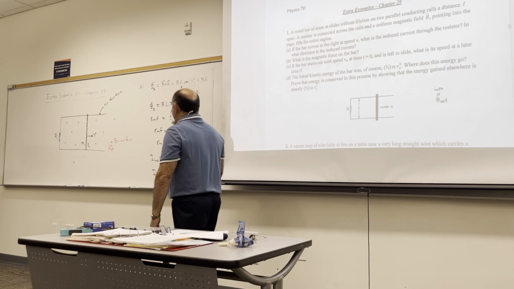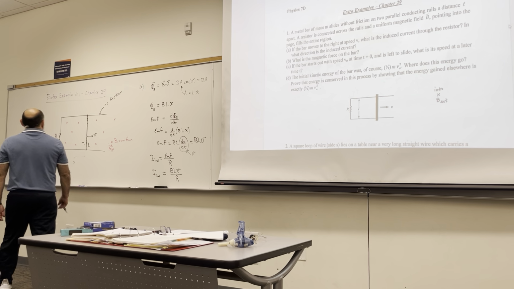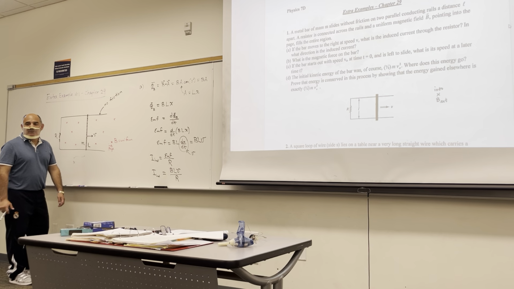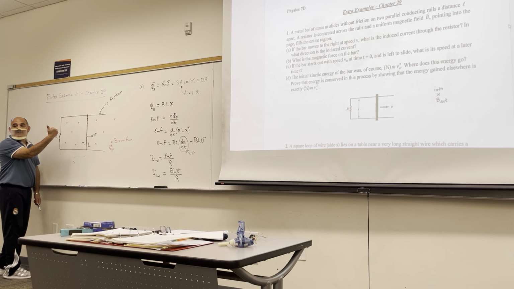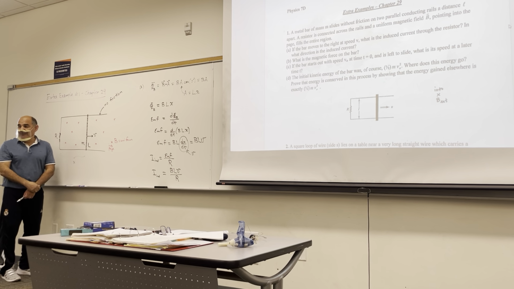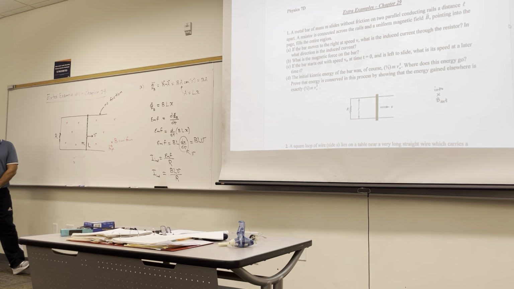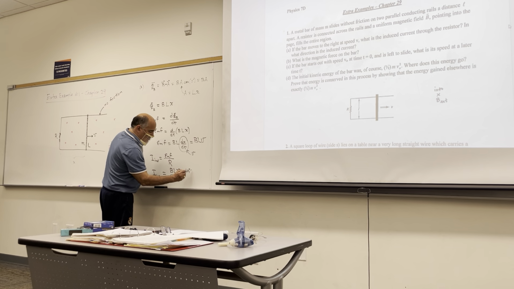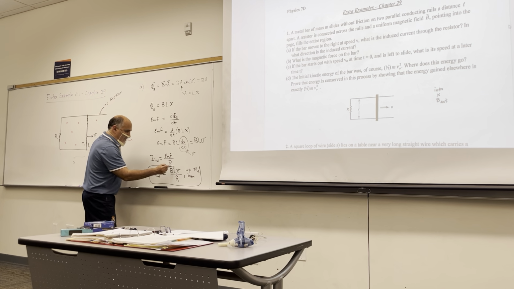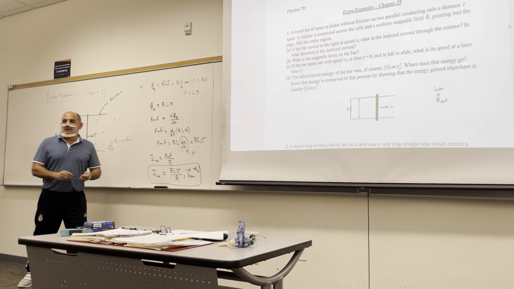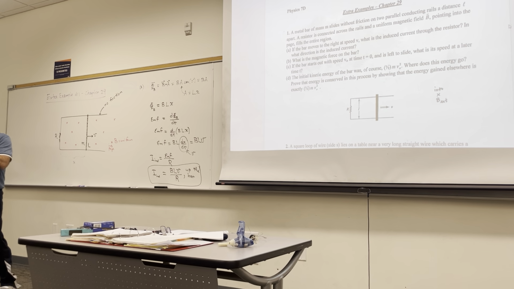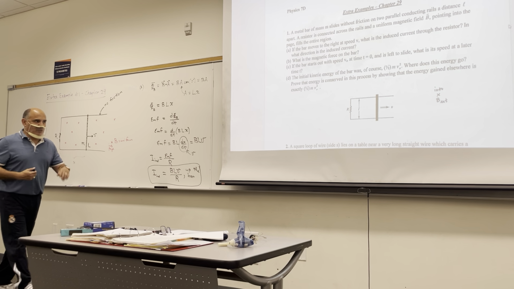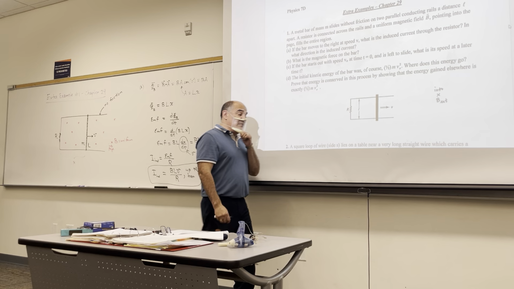What is the direction of the induced current? It's going to be up the bar, by Lenz's law. Current is not a vector, but nevertheless we can indicate the direction of the current in the circuit.